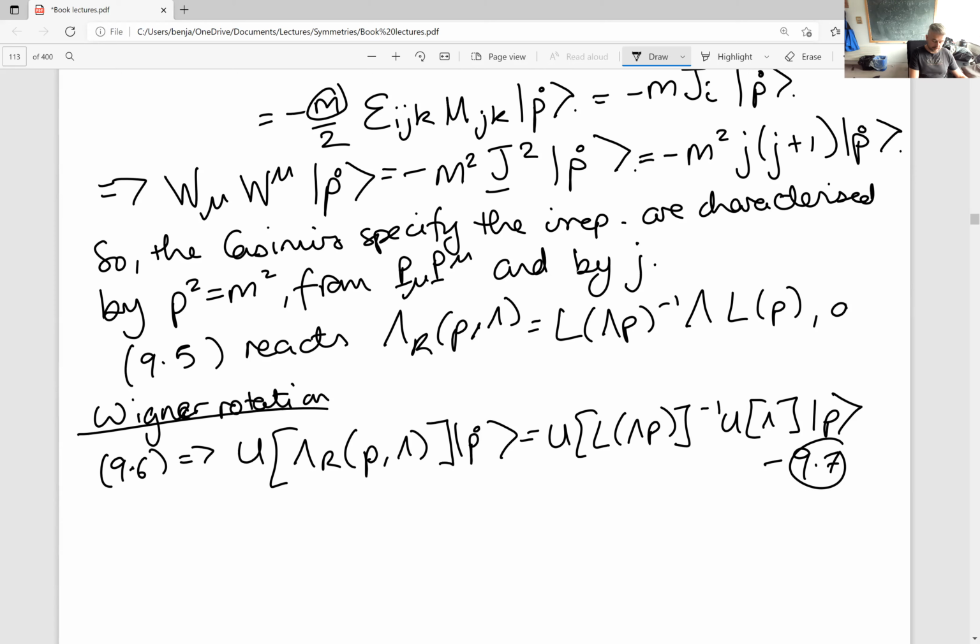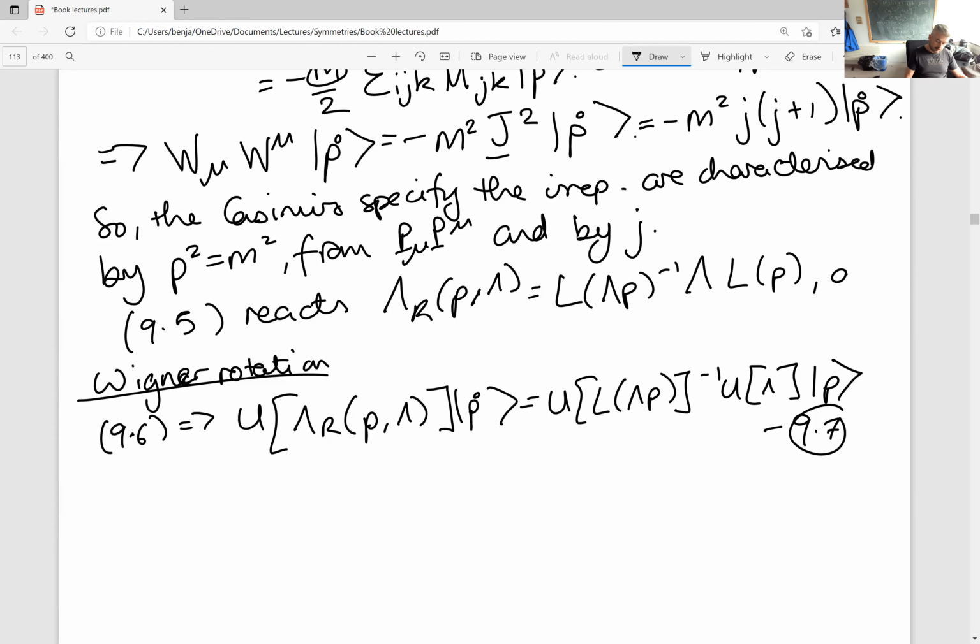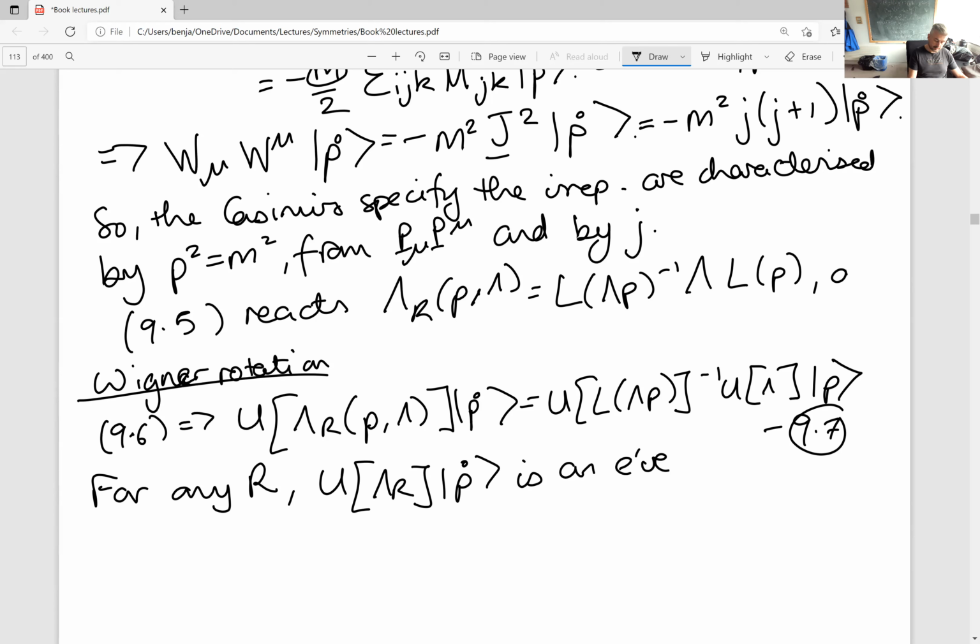So for any rotation R, p dot is an eigenvector of p mu. So if we take u of lambda R acting on p dot, this is an eigenvector of p mu with eigenvalue proportional to p dot mu.